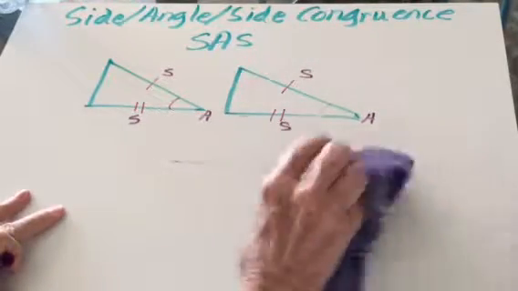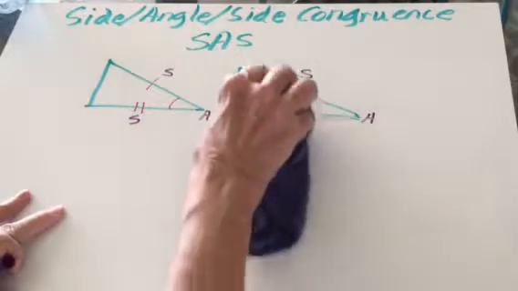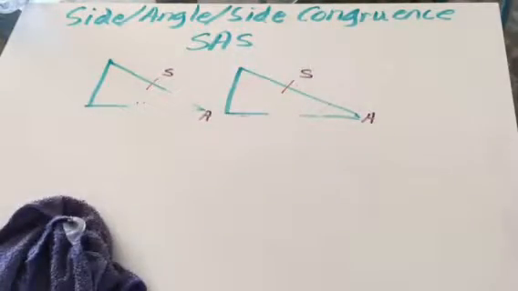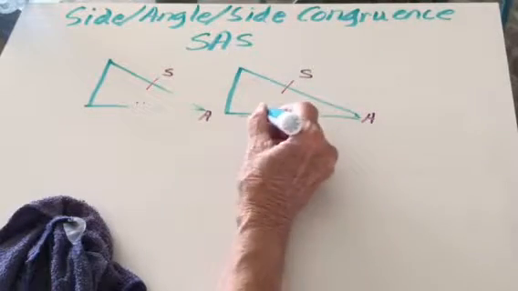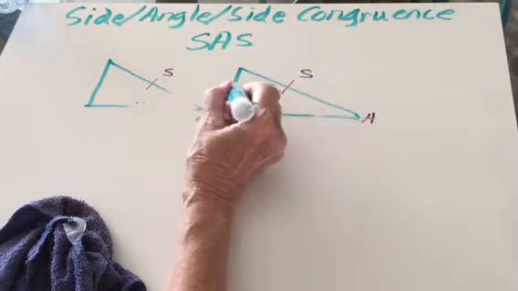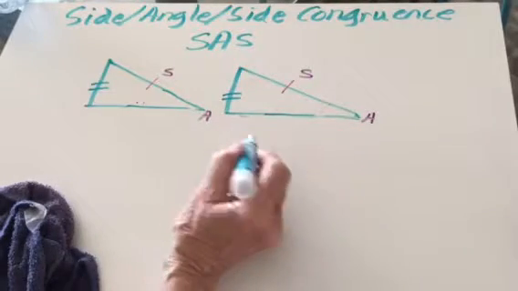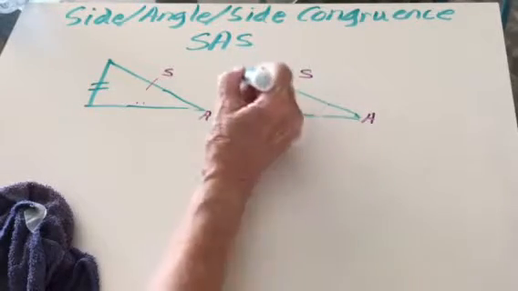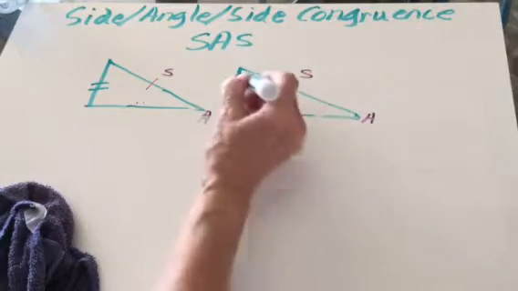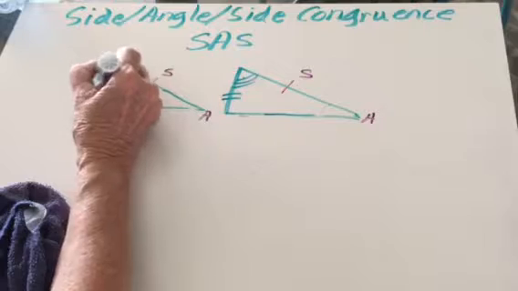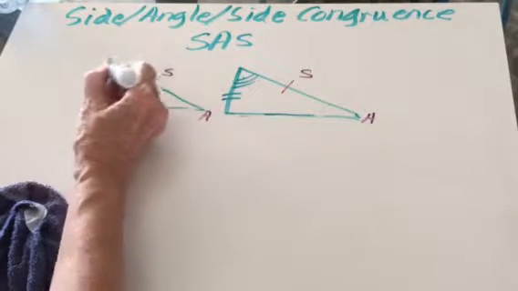Let's see if I could draw another one for you real quick. Let's do it this way. What if I had marked this mark? Then what angle would I have to put? I'd have to put this one right here. By the way, that would have to have 3 tick marks because it's across from there. But in any case, side, angle, side.